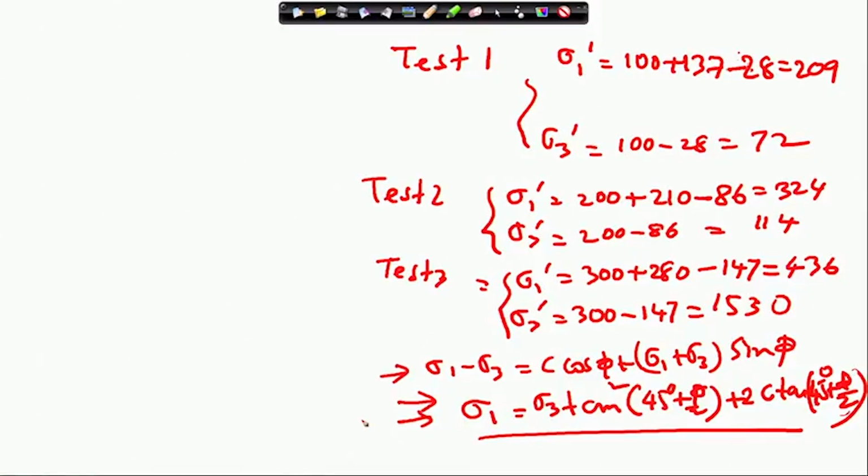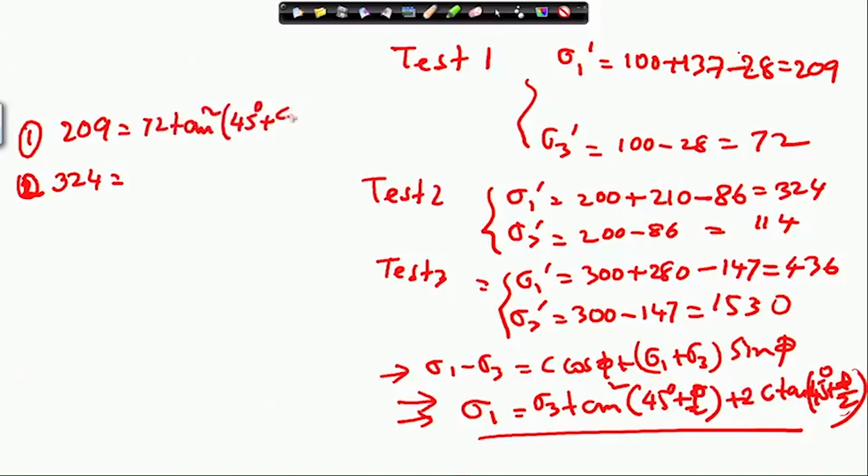If I use this form, from test 1 I get one equation: 209 will be equal to 72 tan square (45 degrees plus phi dash by 2) plus 2 c dash tan (45 degrees plus phi dash by 2).